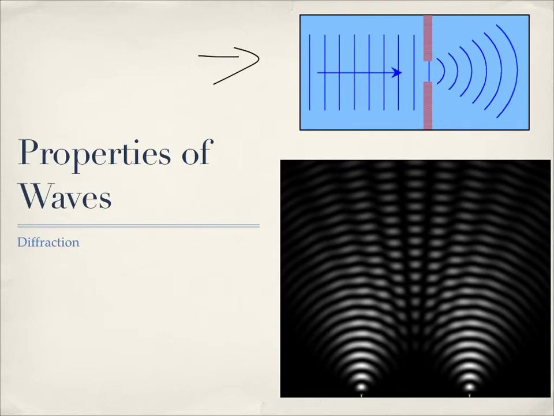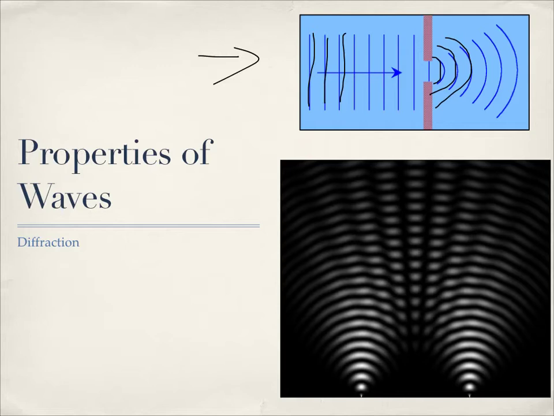If you have a wave coming in, like these straight line waves, and they hit this barrier, but there's a small opening, diffraction says that the wave will spread out from that opening as if it were just a point. Like if you had just dropped a rock right there, you'd see the water wave go out from that. So when you have an opening like that and waves pass through it, they expand beyond that.